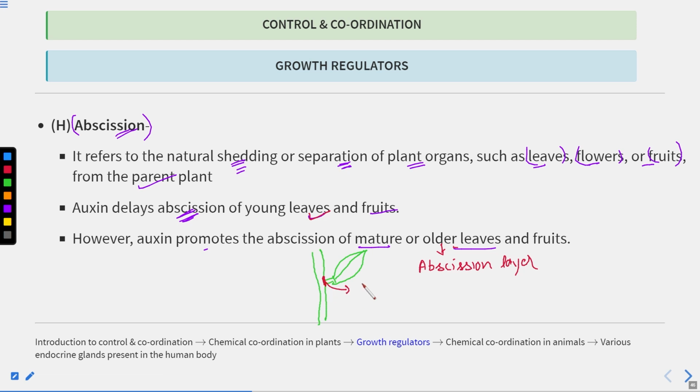When this abscission layer is formed, then it will cut off the nutrient supply to the leaves, and because no nutrients are available, the leaf will fall. Clear? So this is the role of auxin in abscission.